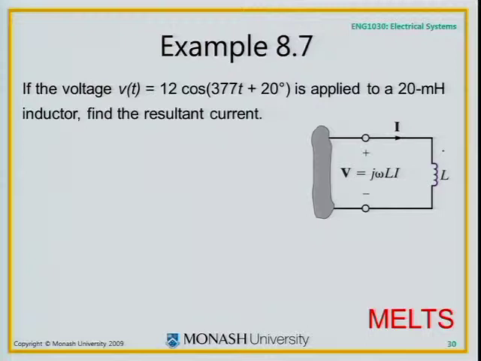So you've first got to work out what the phasor voltage is. You know omega, you know L, so you should be able to work out the phasor current, because V equals j omega L times I. Find the phasor current, and then go back to the time domain.